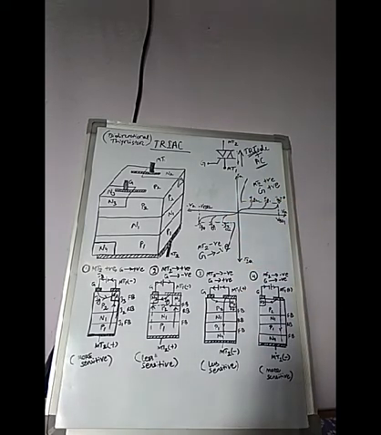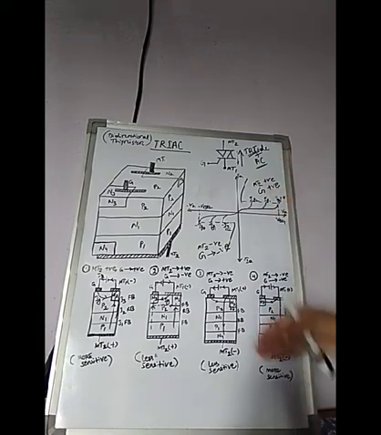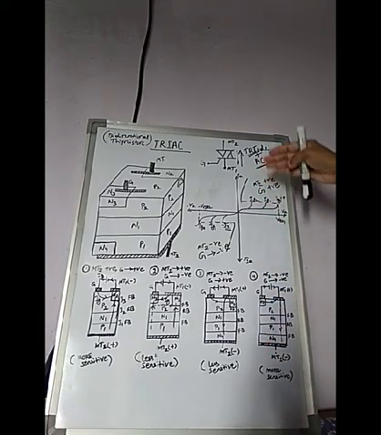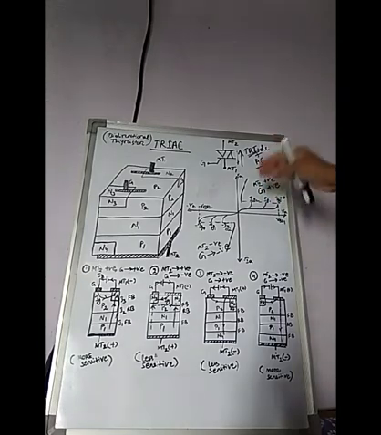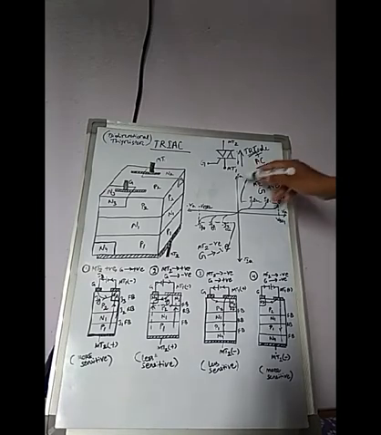Okay, and another thing is, the sensitivity of the triac is low in the first quadrant when the device is turned on with negative gate current. That means when I apply negative gate current in this quadrant, the sensitivity is low.